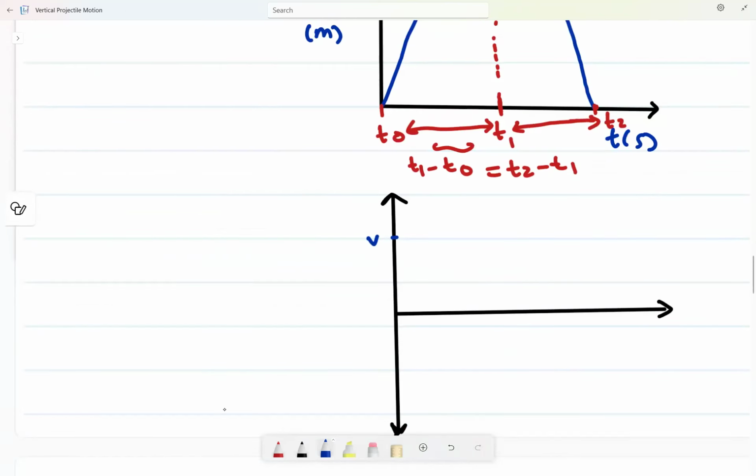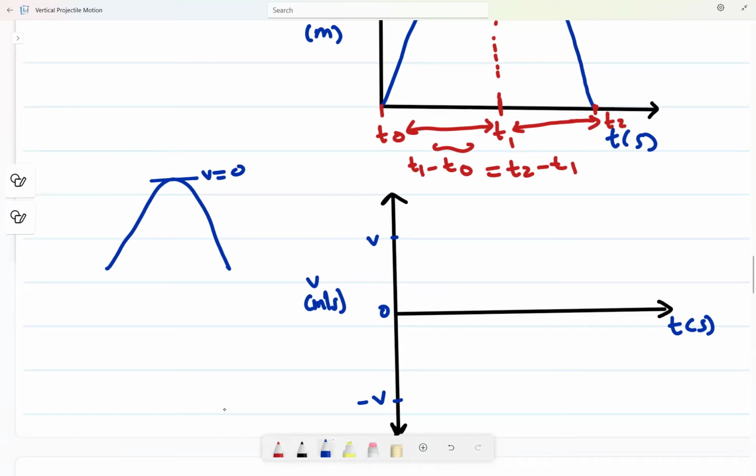Let me label: time in seconds, velocity in meters per second. Then I'll have negative v somewhere here. Here at this point v is equal to 0, then here v, then here negative v, whatever values the examiner might give you.